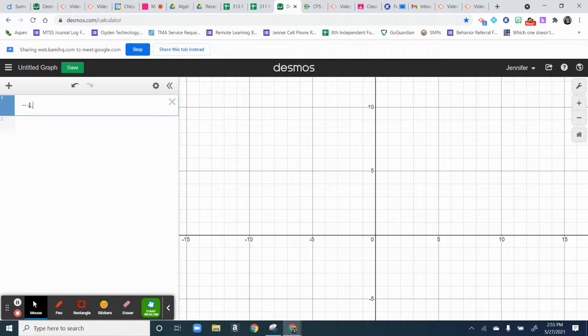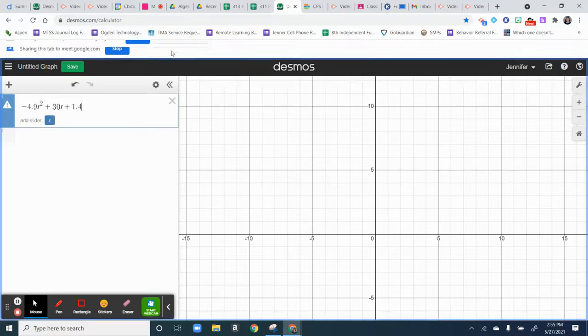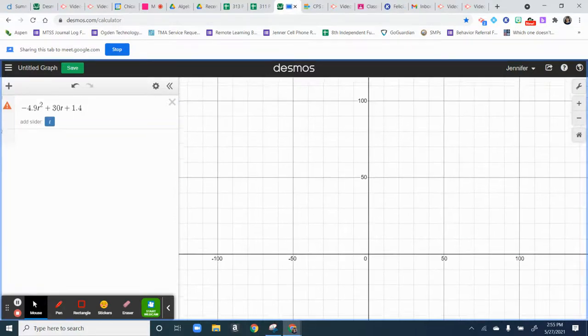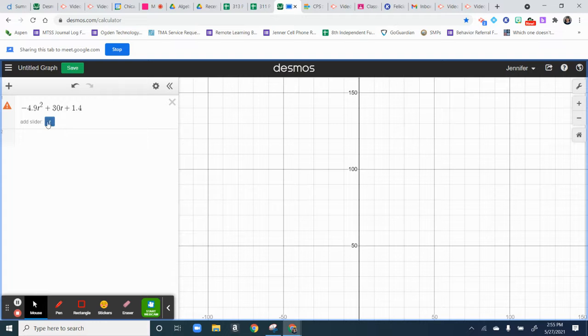So negative 4 and 9/10 x squared. It doesn't want me to use t, so I'm going to change it to x.